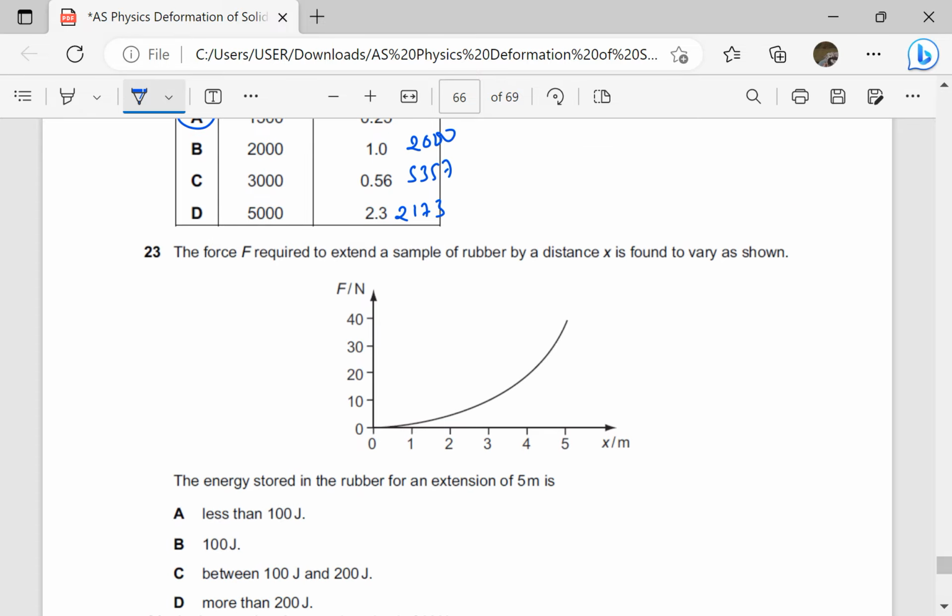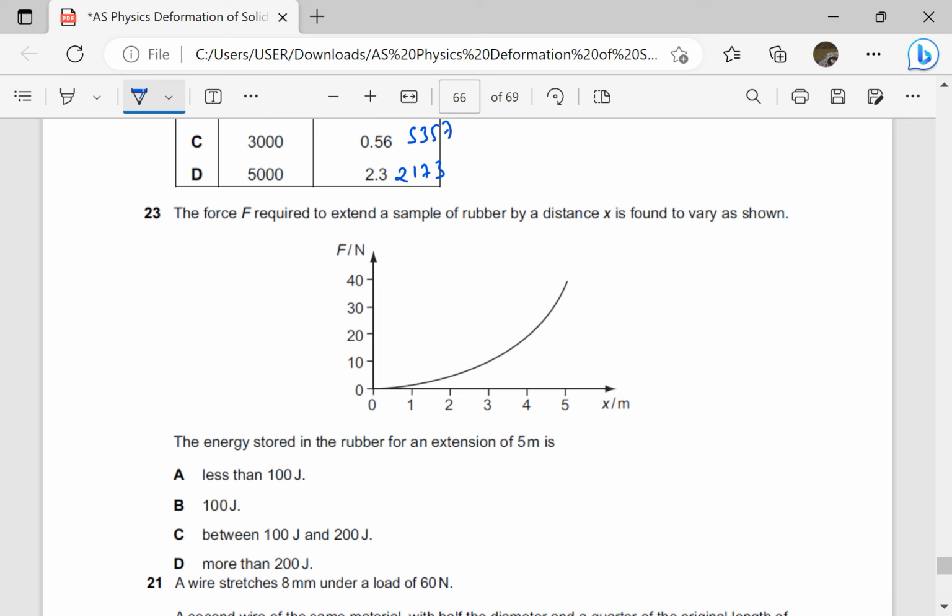The force F required to extend a sample of rubber by a distance x is found to vary as shown. The energy stored in the rubber for an extension of 5 meters is, so let's look for 5 meters. So this is 40. So this energy should be less than the area of that rectangle that I've drawn.